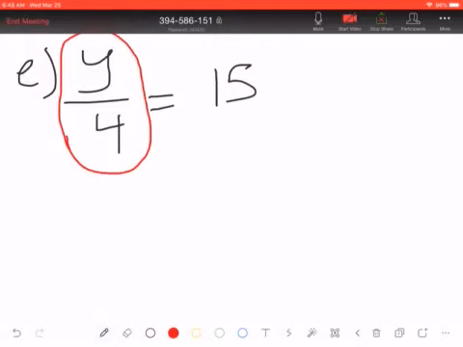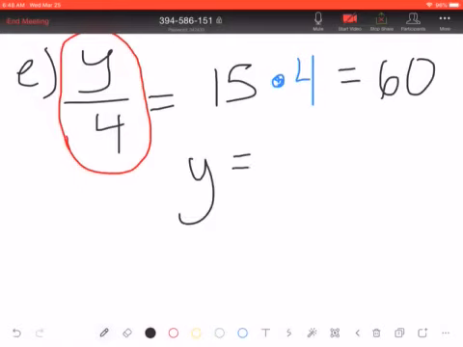So if you think about division, the opposite is multiplication. So really what you're going to do is just take 15 and multiply it by 4, and that's going to give you your answer. So 15 times 4, of course, is 60. So the answer is going to be Y equals 60.